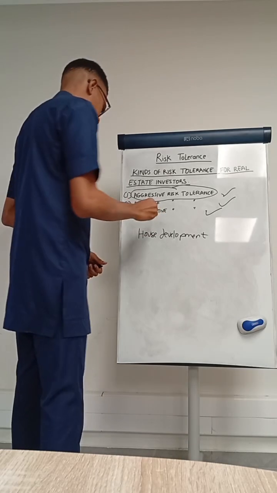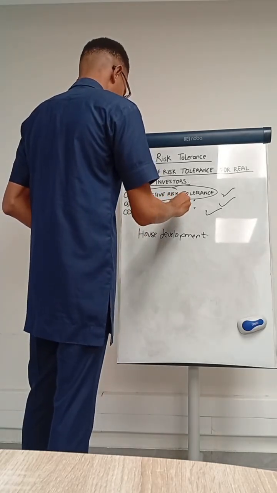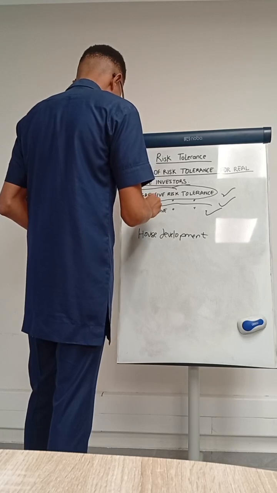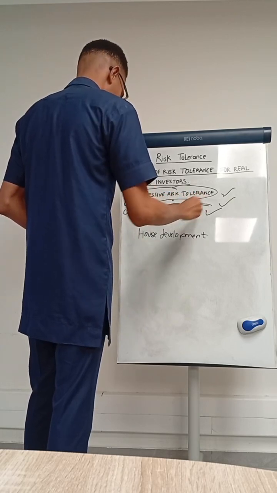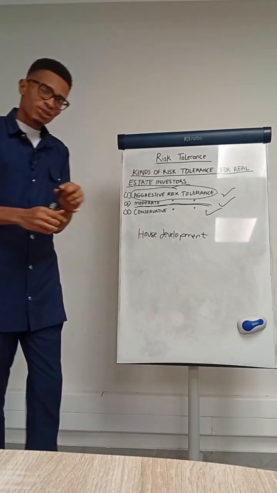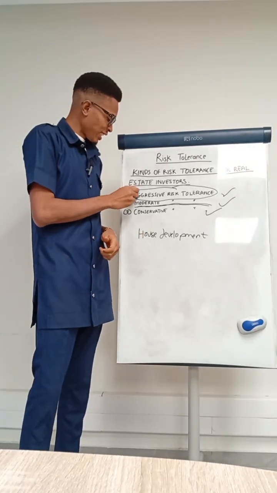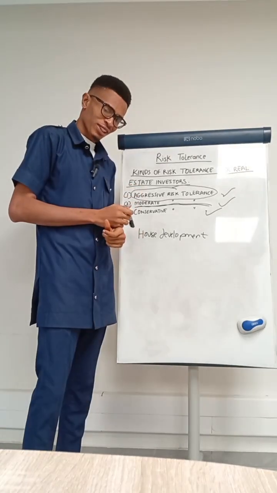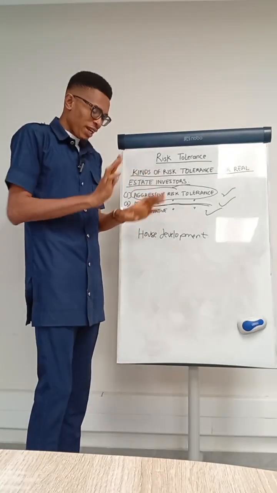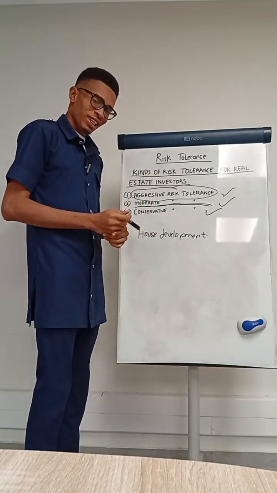Yeah, the next on our list is moderate risk tolerance. These people, they're not as crazy as the aggressive people. They are not as conservative or as mindful as the conservatives. You understand?